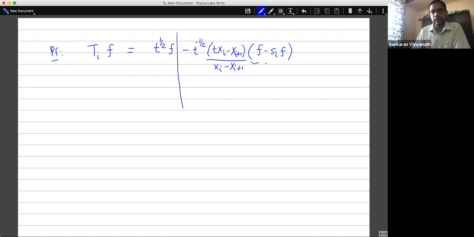And the only way that term can be 0 is if this is 0. So this being 0 is equivalent to saying that Ti f equals t to the half f.